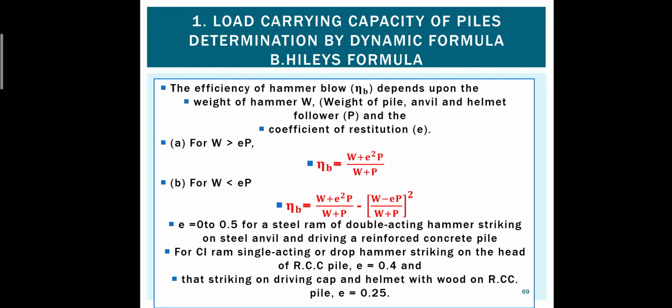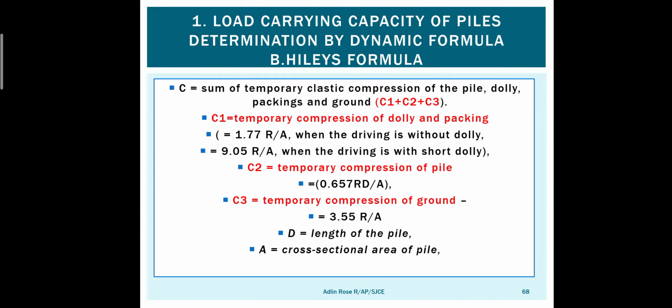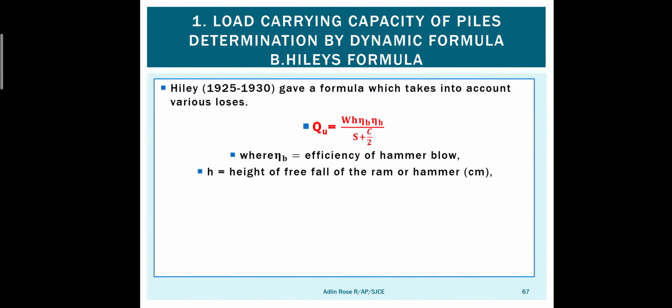When we calculate eta B, and also calculate C1, C2, C3 and add them to find the value of C, we substitute everything in this formula to get the ultimate load.